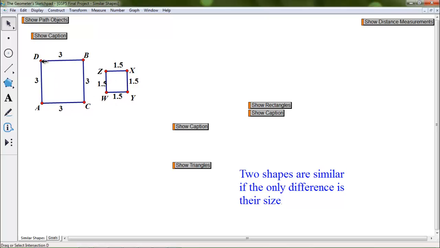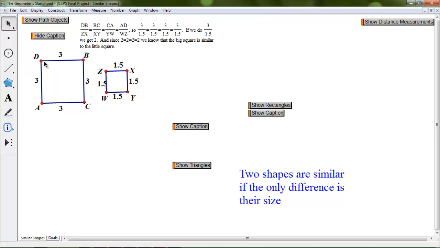We should tell the students that DB is equal to ZX just because it's staying on the same side of each shape, and therefore this side is equal to this side, the bottom is equal to the bottom, and so on. To do the equation, we can either put this on top or this on top, but we make it into a fraction or a division problem and try to figure out what it equals.